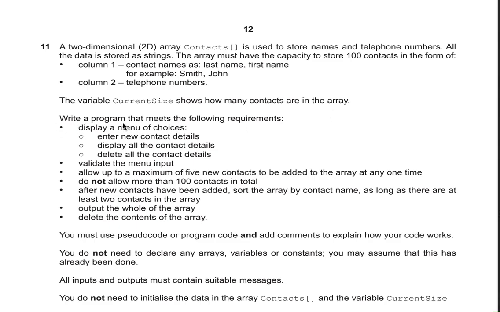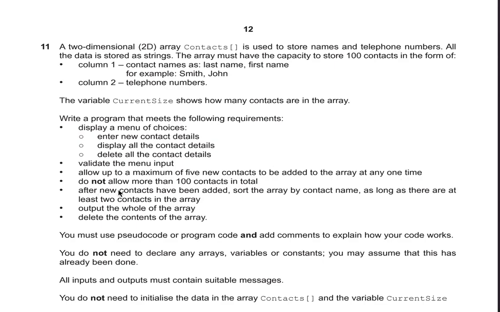Write a program that meets the following requirements. Display a menu of choices which should have the facilities to enter new contact details, display all the contact details, delete all the contact details. Validate the menu input. Allow up to a maximum of 5 new contacts to be added to the array at any one time.